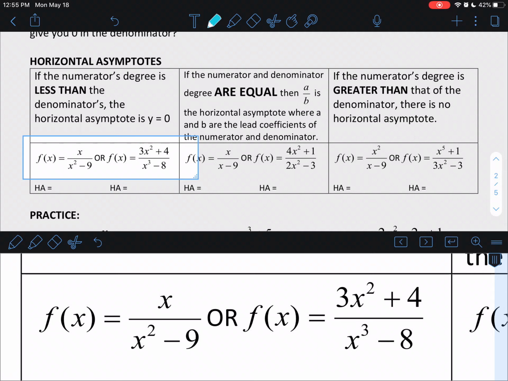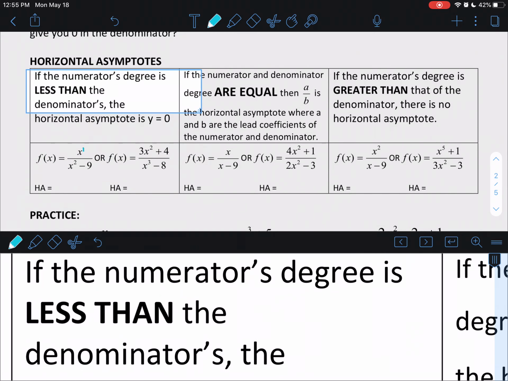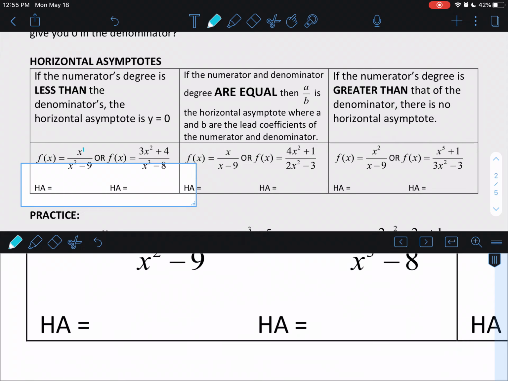Since 1 is less than 2, the numerator's degree is less than the denominator's, so the horizontal asymptote is 0.